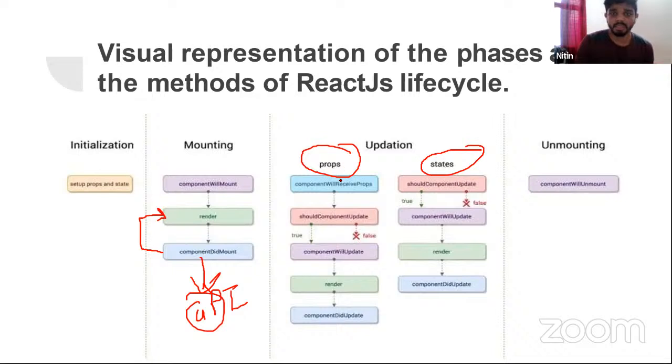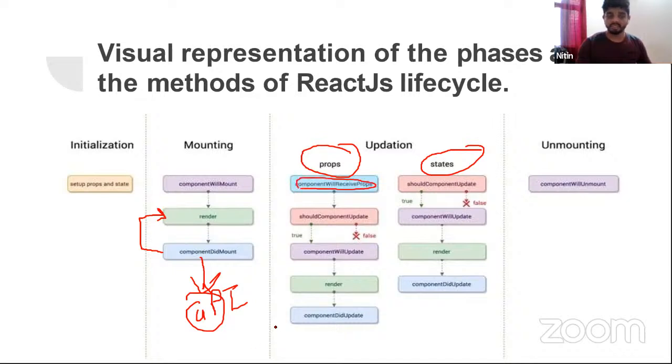So basically, what will happen is we will have componentWillReceiveProps, same as the mounting one. What componentWillReceiveProps does is, before any props are passed to your component, this function gets called.